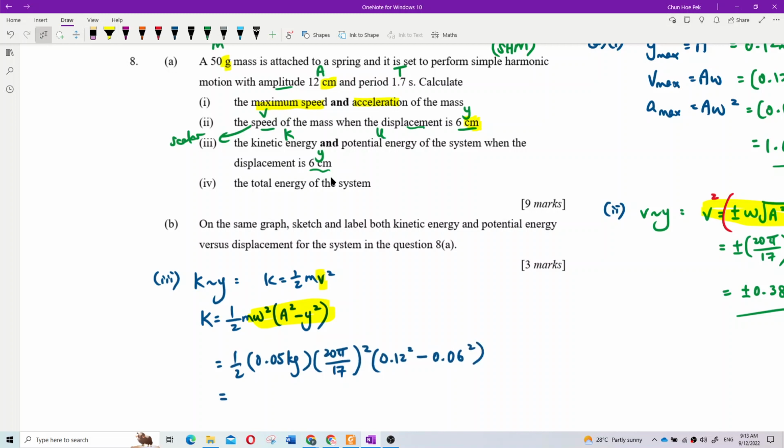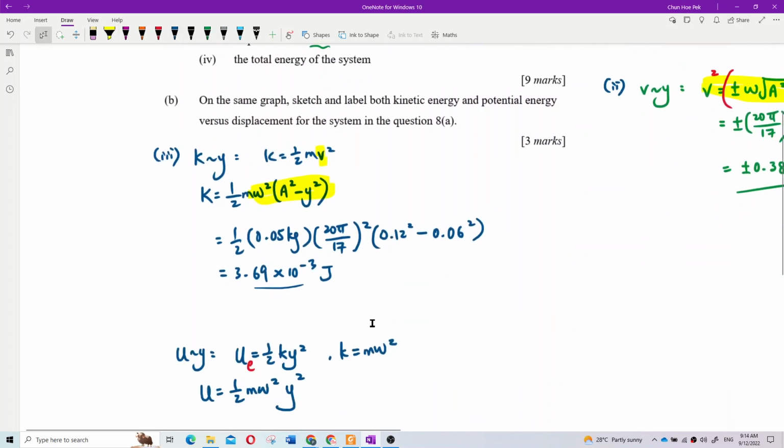Your kinetic energy at that displacement is: calculate 0.12 square minus 0.06 square, then multiply by 20 pi divided by 17 square, multiply 0.05 and divide by 2. So 3.69 exponent negative 3 joule. Easily got the answer.